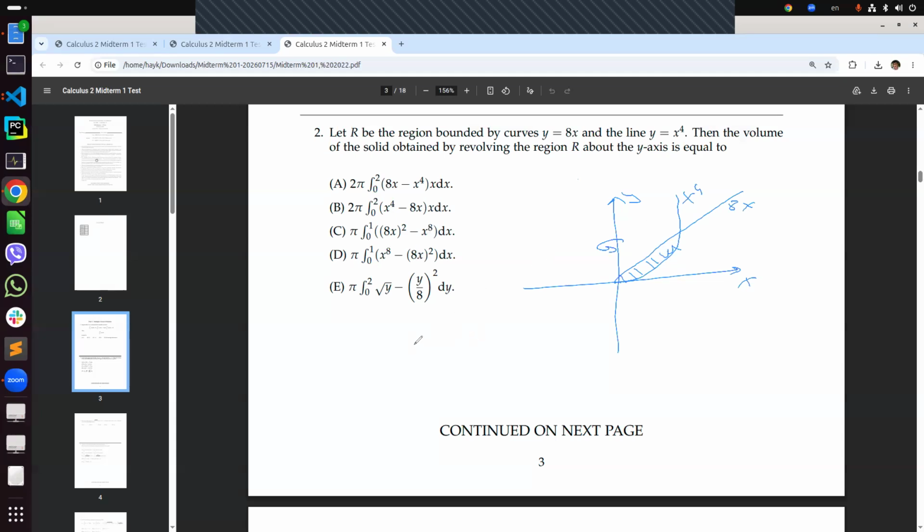So that was 2 pi integral from 0 to this intersection point. The intersection point is where x to the power 4 equals 8x. If x equals 0, yeah, we found it. If x is not 0, what is the other intersection point?